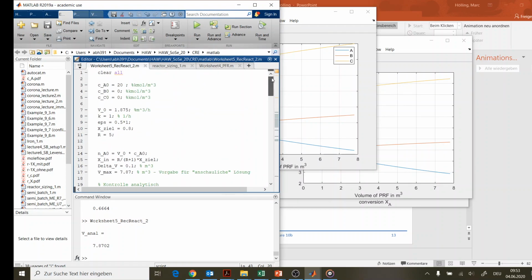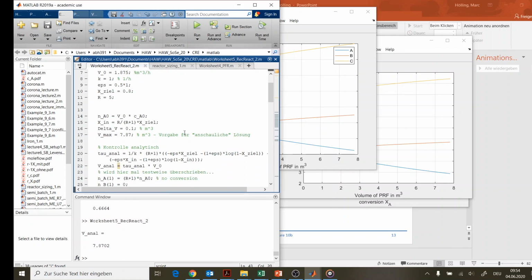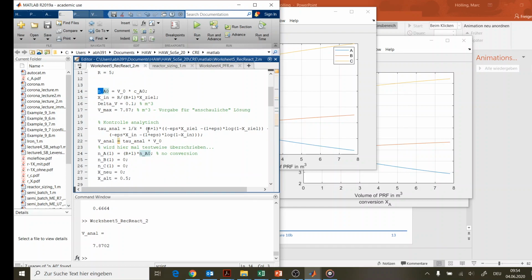Okay, then let's have a look at my MATLAB code. I'm just initializing the inlet concentration. Then this is my initial volume flow at the inlet. I have the rate constant K, I have the epsilon, I have my target conversion, and I have the recycle ratio. So nothing special about it. Then I say what is my inlet mole flow, and this here I just have for the analytical solution.